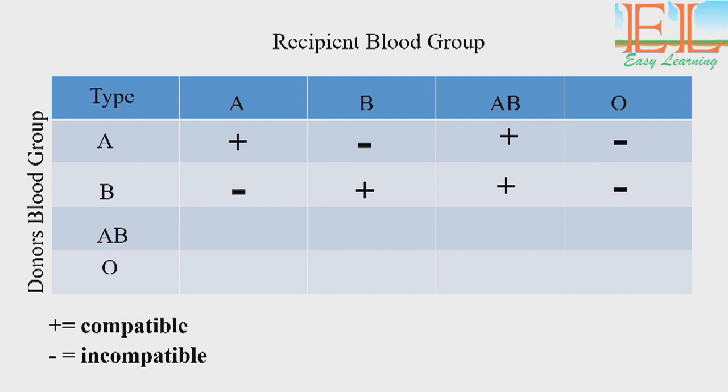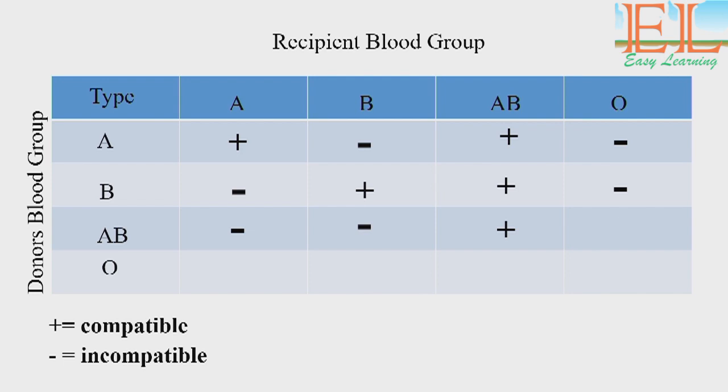AB cannot donate to A because AB contains antigen B, which is not compatible with antibody B. Again, B cannot receive from AB because there is A there, which is not compatible with the B antigen. AB can donate to AB because no antibodies.